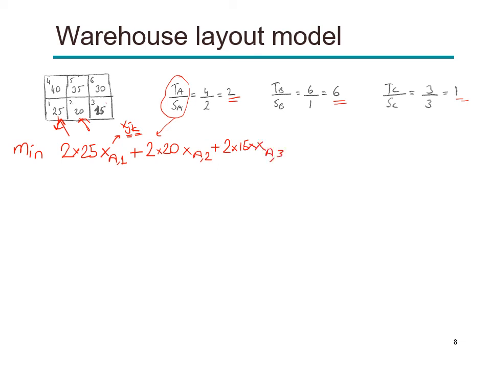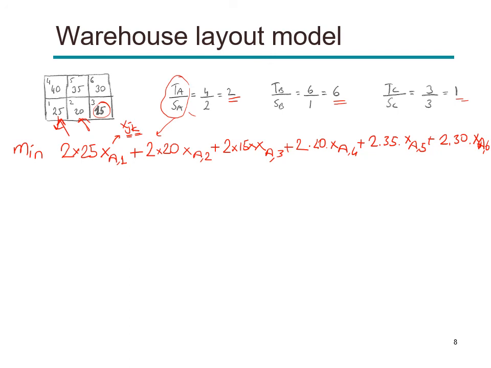Why is this 15? Because now we are considering the third one. And continuing in the same way, for the fourth one, it is 2 times 40 times Xa4, plus 2 times 35 times Xa5, plus 2 times 30 times Xa6. This is for only item A.